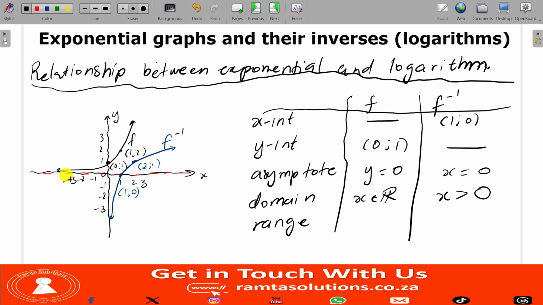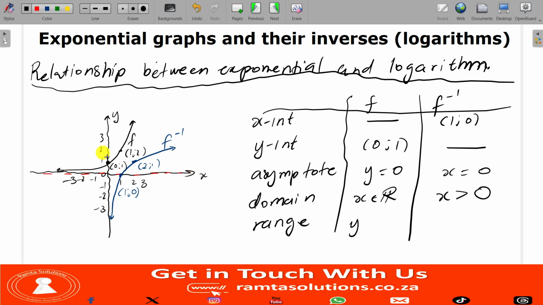What is the range of the original? It allows all y values above y equals 0. All right, above this line, y is equal to 0.